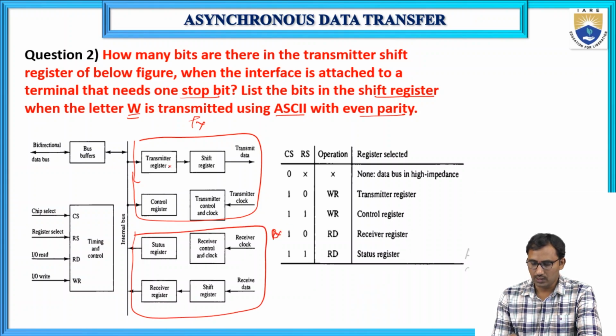Here we have shift registers. So we need to find the number of bits in the shift register when the letter W is transmitted using ASCII with even parity.